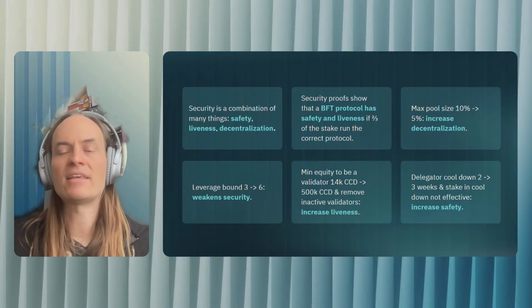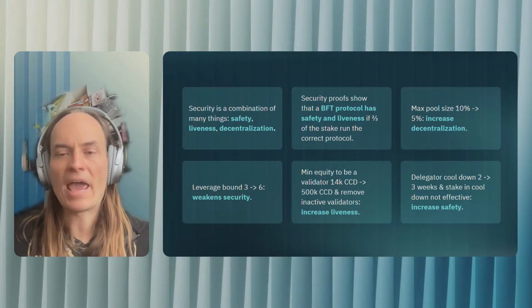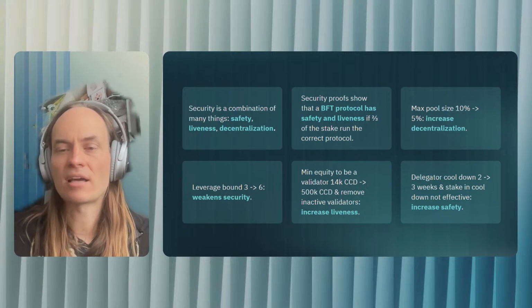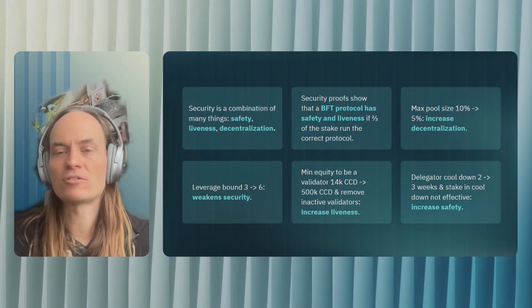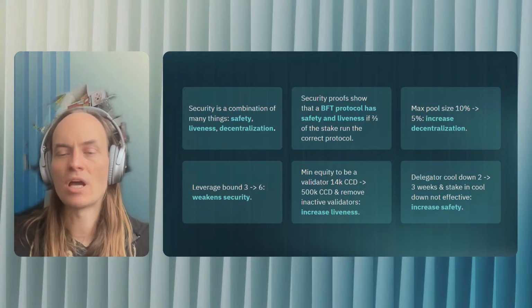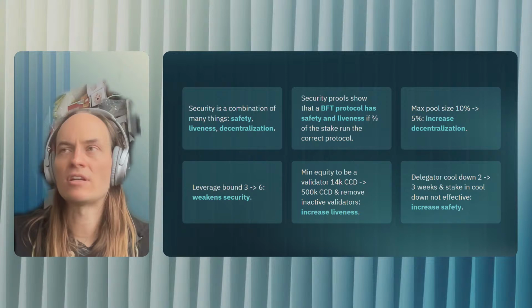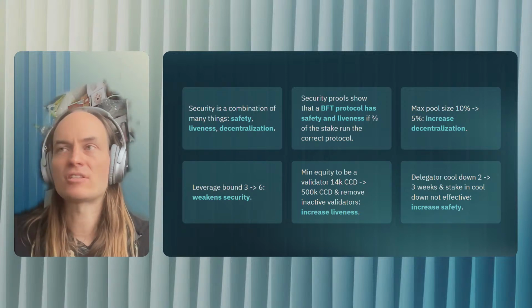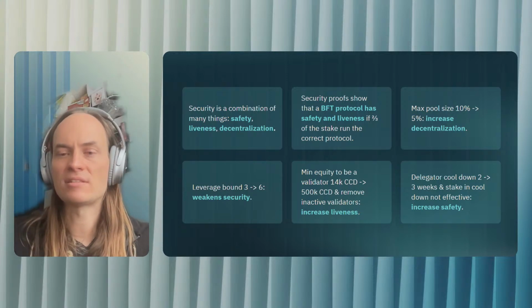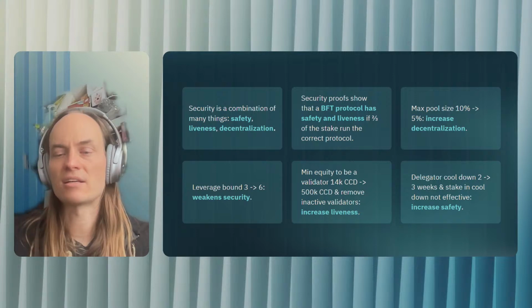But they were still there and their stake was still part of the protocol. And this has to do with the fact that at the current price of CCD, it costs you less than 100 euros to get your 14K CCD. And then people could just stake the CCD without even understanding what they're doing, without even running a node. And it would just slow down the protocol each time these validators don't work, get selected.